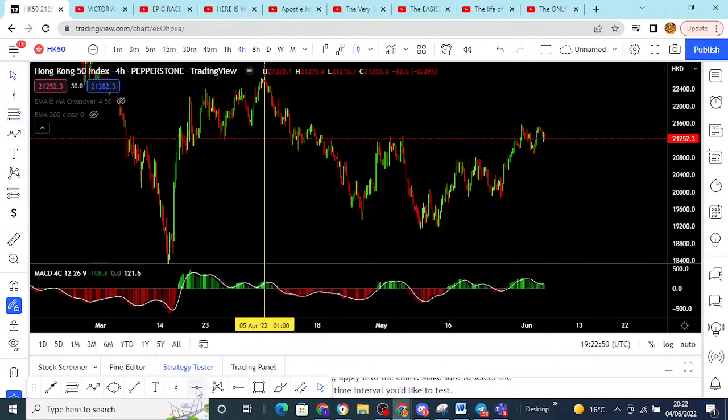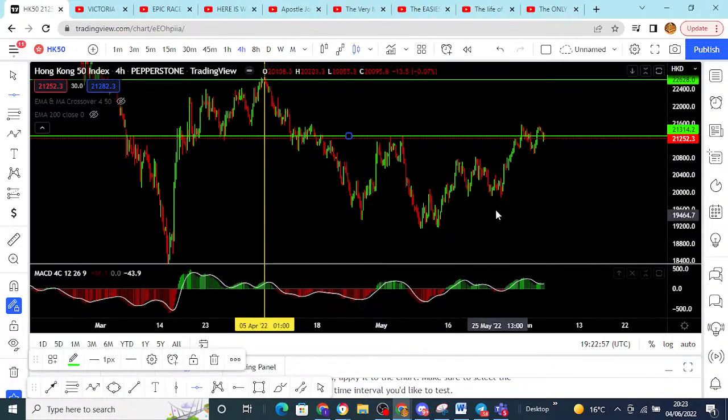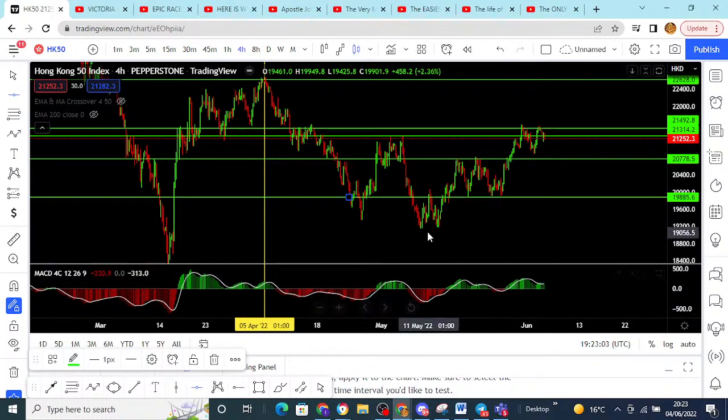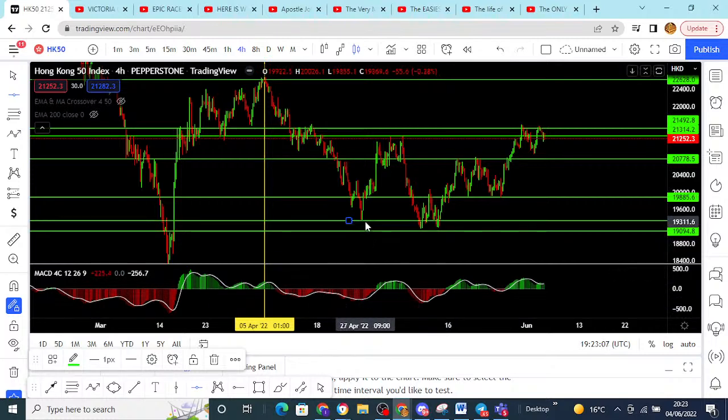So this is what I'm going to do now. We're going to identify resistances at various points of retest, and then also we're going to identify our supports. There is a science to doing this, and the more you watch my videos, the more you are able to learn how this is achieved in the market.